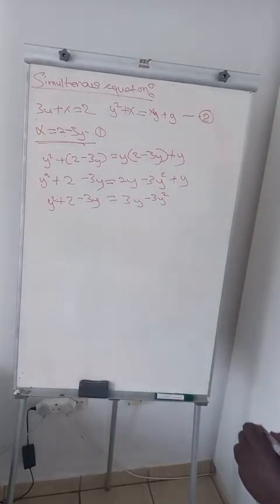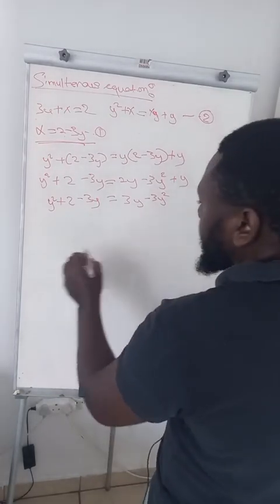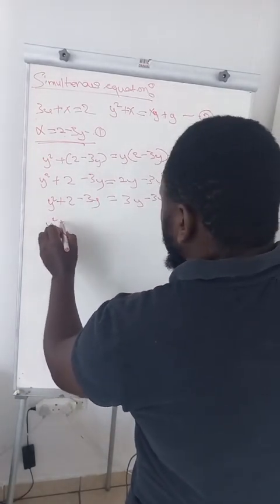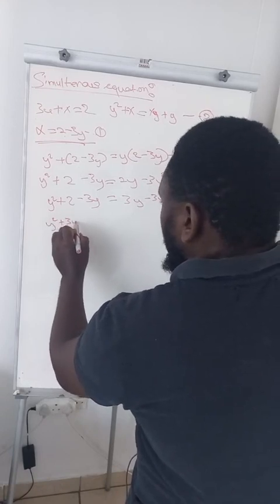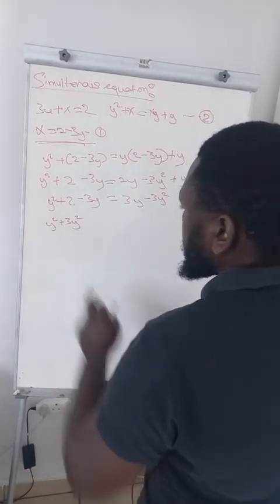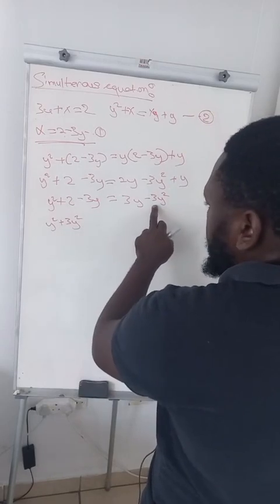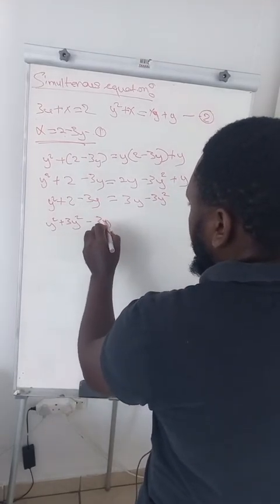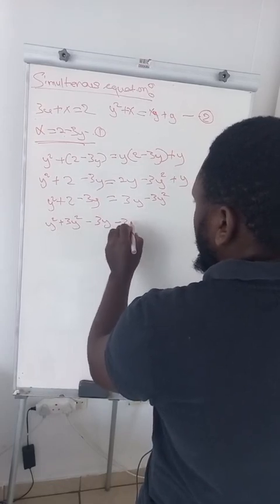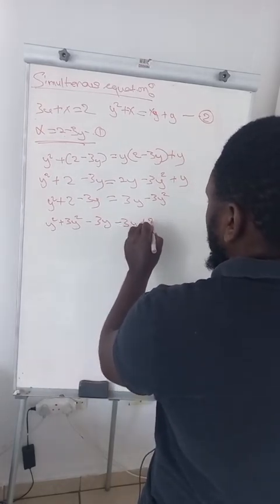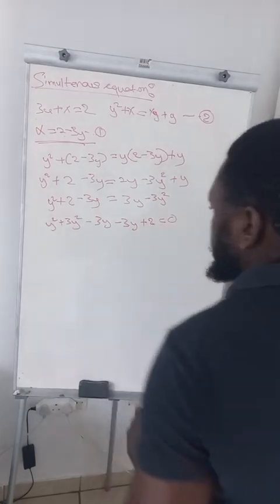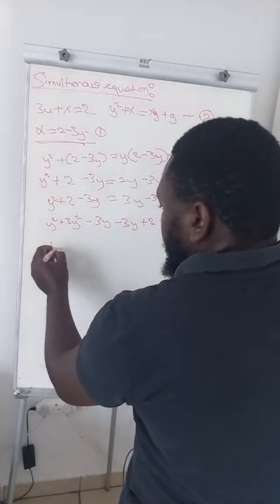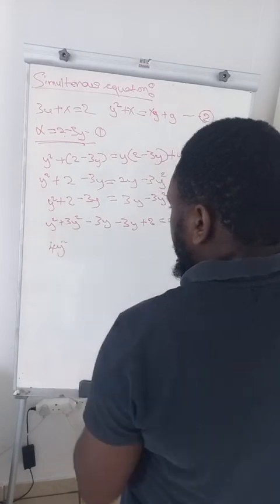Now grouping the like terms, it means I'll have y squared plus 3y squared, and this one, it's fine, and then minus 3y minus 3y plus a 2 is equal to 0. And then here this 2 will give me a 4y squared.